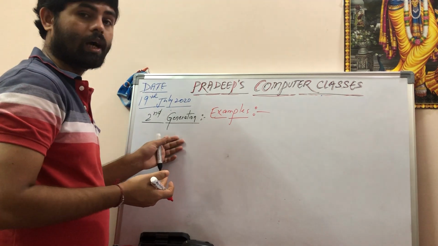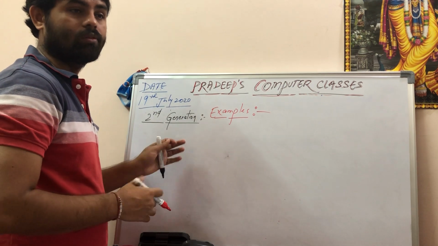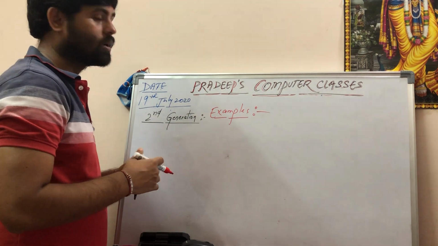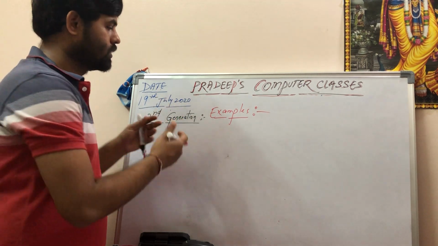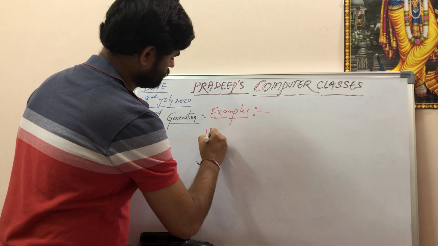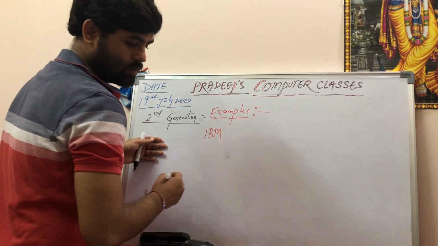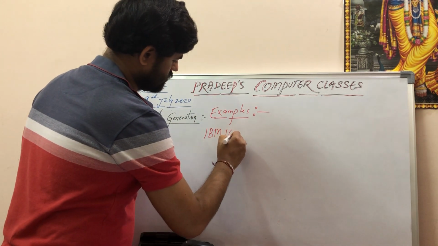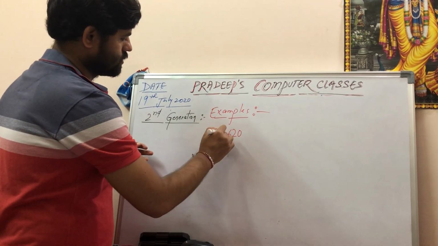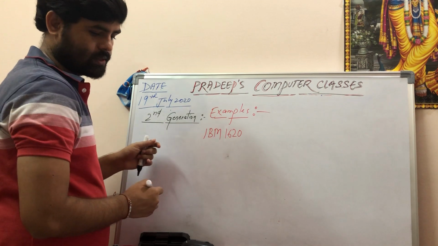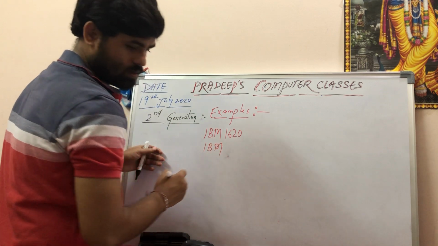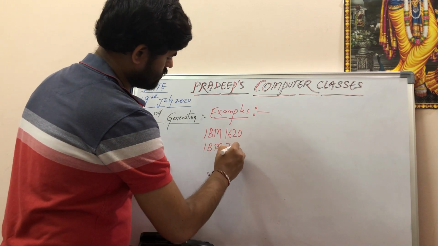But IBM has hardware, and it is a very old company which has been generating so many computers from the first generation itself. So IBM has second generation computers also, named IBM 1620. Okay. Second is IBM 7094.